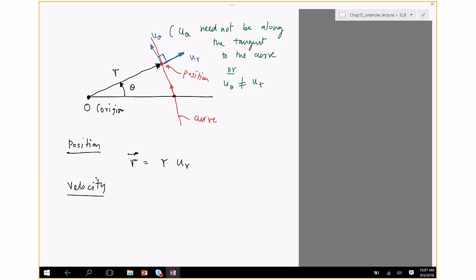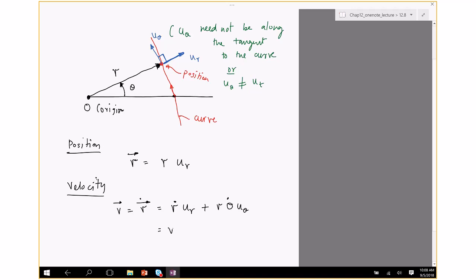I'm going to skip that. You can refer to the book for that. The velocity is r dot. It has two components. There is a component in the r direction, that's r dot times ur, plus r times theta dot along u theta.